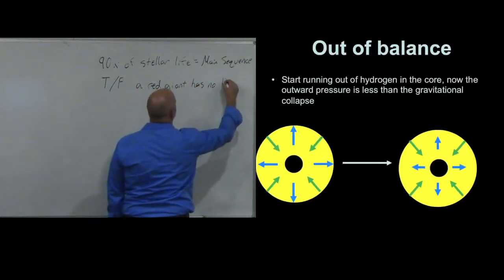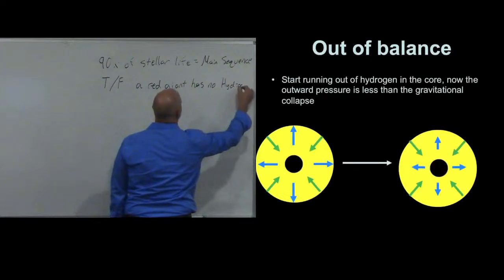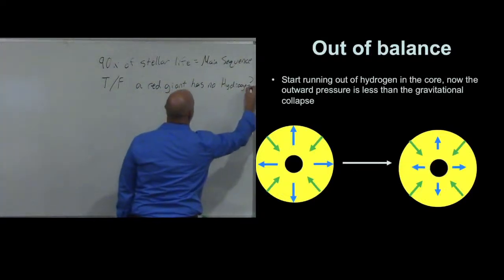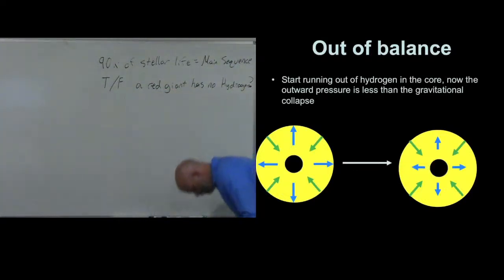And then on the right side, we've got the follow-up situation. When the hydrogen fuel has been used up, now the core will have less sustained energy generation and eventually none. And so the arrows pushing outward will not have as much pressure compared to the inward gravitational pressure. And so there won't be a balance, and the net pressure will be inward. The star will effectively get smaller, it will begin to collapse.